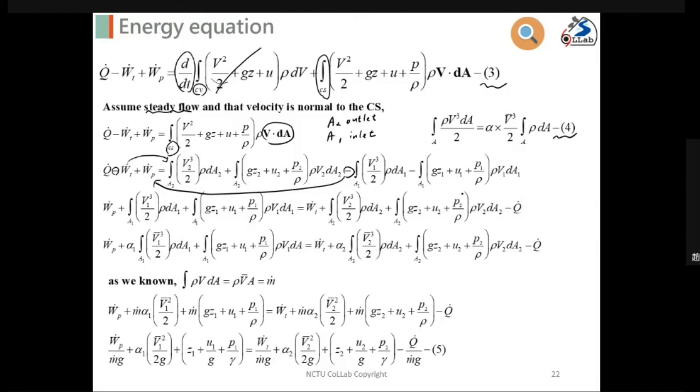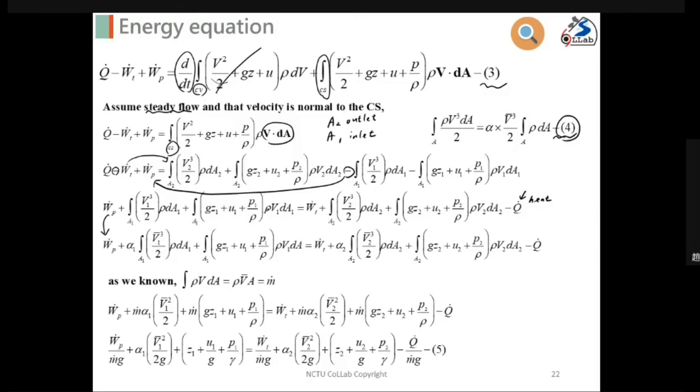And the right-hand side we have the turbine work rate and also the velocity items, and the elevations, the internal energies, and the pressure work. And we just move the Q to the right-hand side, because usually we use it as the heat dissipation, so we use the minus here. Okay, so right now, starting from these equations, we move to the next.